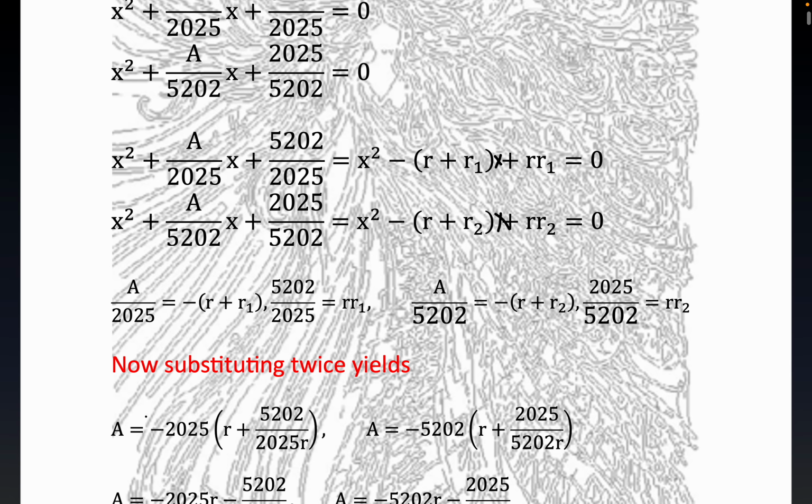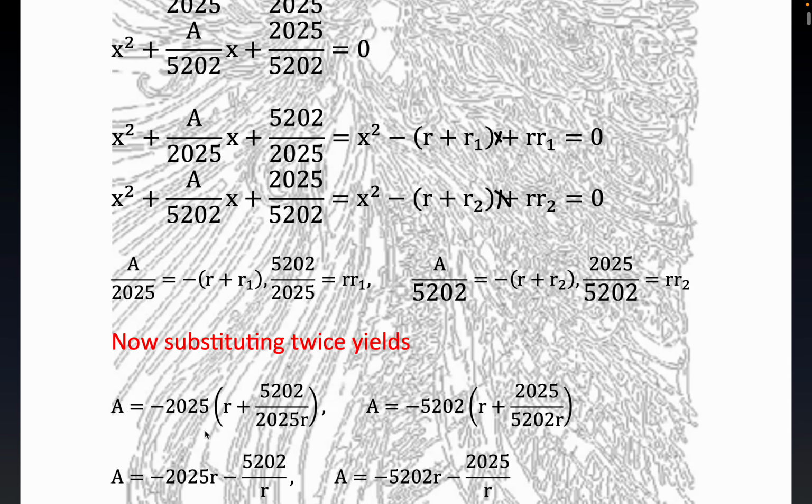Now, if we perform substitutions right here, first of all, multiply through by the constant. Like right here, I multiplied through by 2025. And notice that we can write r sub 1 is equal to 5202 over 2025 times r. That's what I did right here, folks.